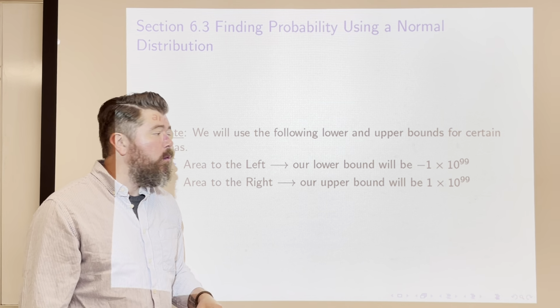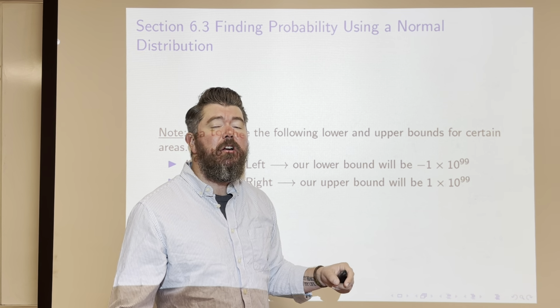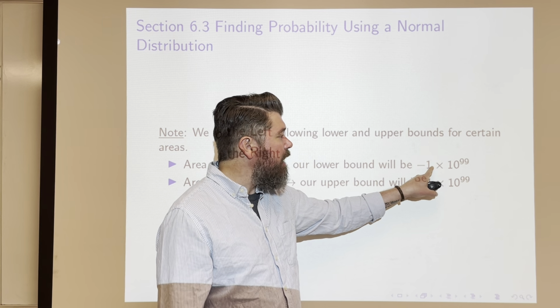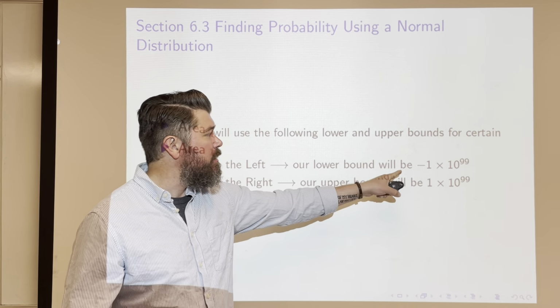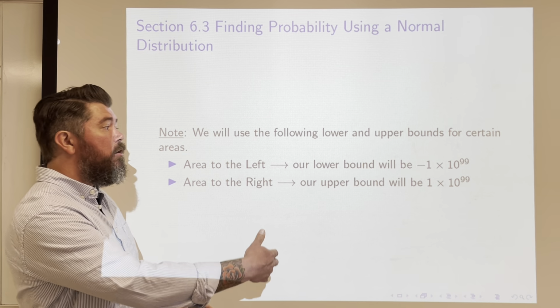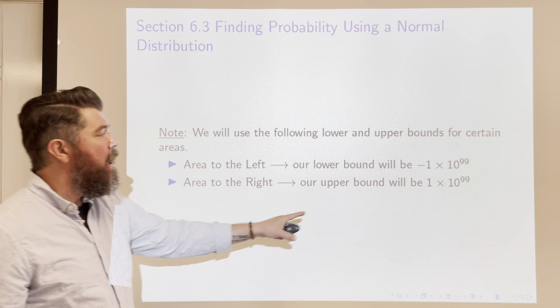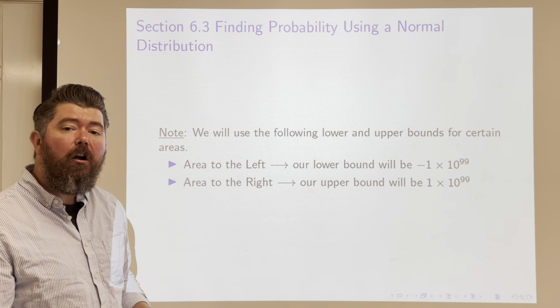Now remember what this does. This is our scientific notation that you may recall from high school class. This takes our decimal number and moves it 99 places. So this is a very large negative number, so it's a very small number. And this is a very large positive number, so it's a very large number.